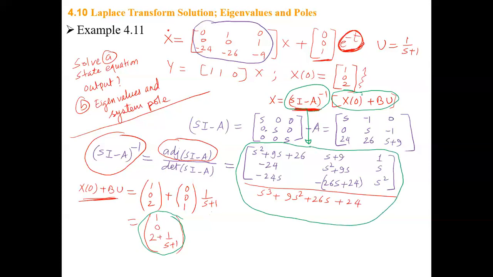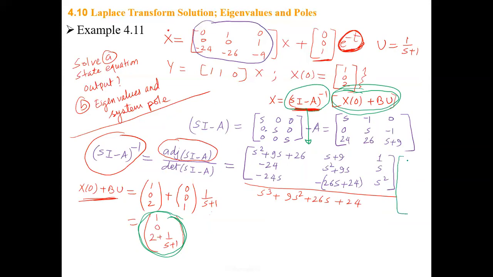Then multiply this guy by this guy. What is that one? Let's multiply that, okay? Let's do that here. So let's multiply by this guy here: 1, 0, 2 plus 1 over s plus 1. There. Let me erase it.